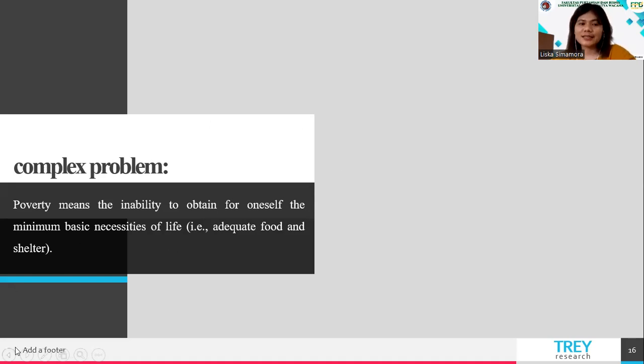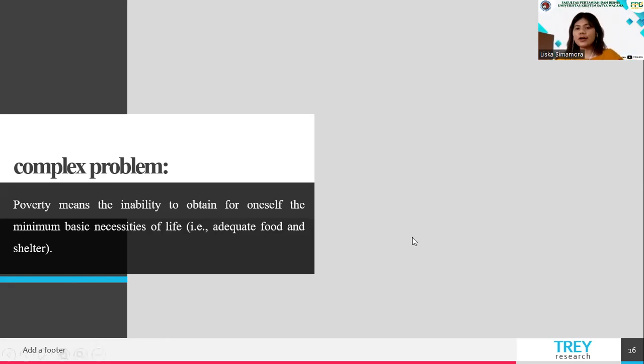Because this one is incalculable, we have to make sure that the society has the ability to obtain for itself the minimum basic necessities. We have to make sure the society has adequate food, and also that the society can afford good shelter.